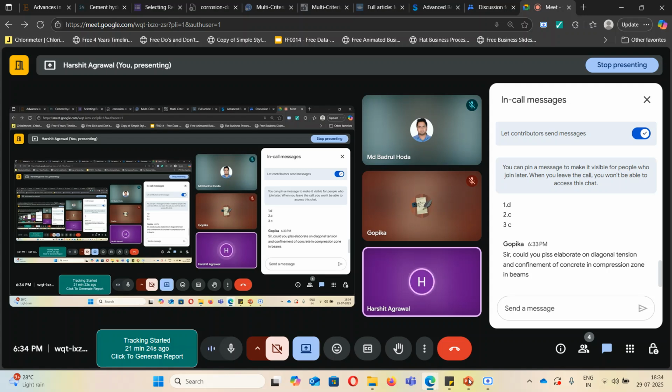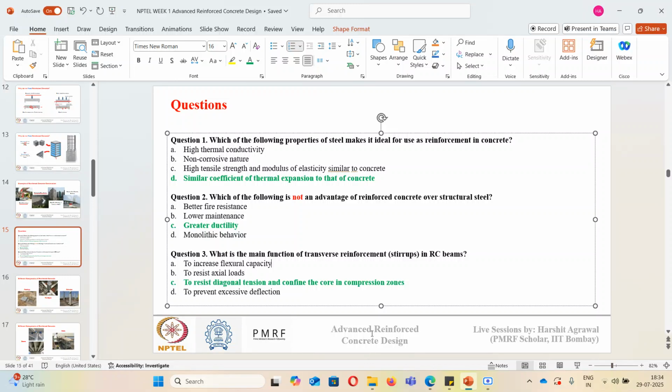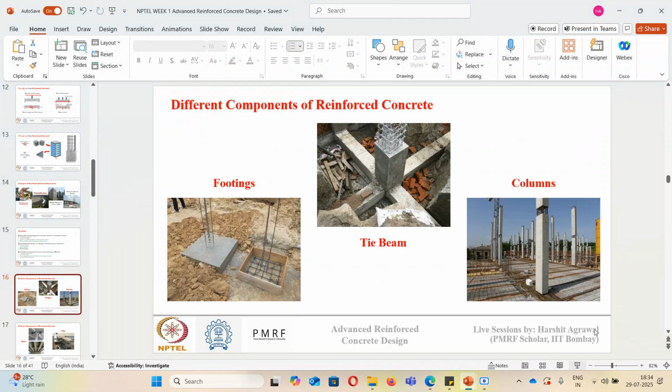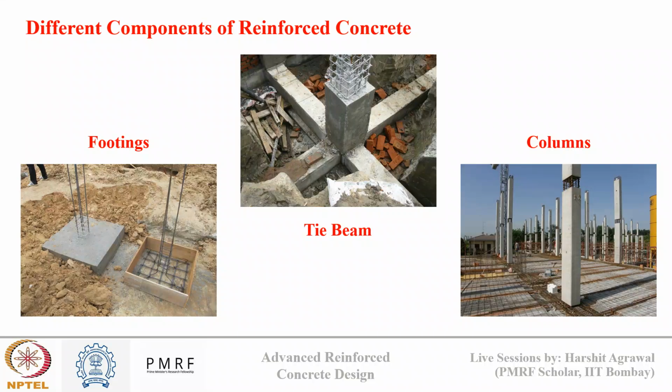Okay, let's move ahead then. Now, when we talk about a reinforced concrete structure, there are different components, or members, and all these members combine together to make a complete reinforced concrete structure.